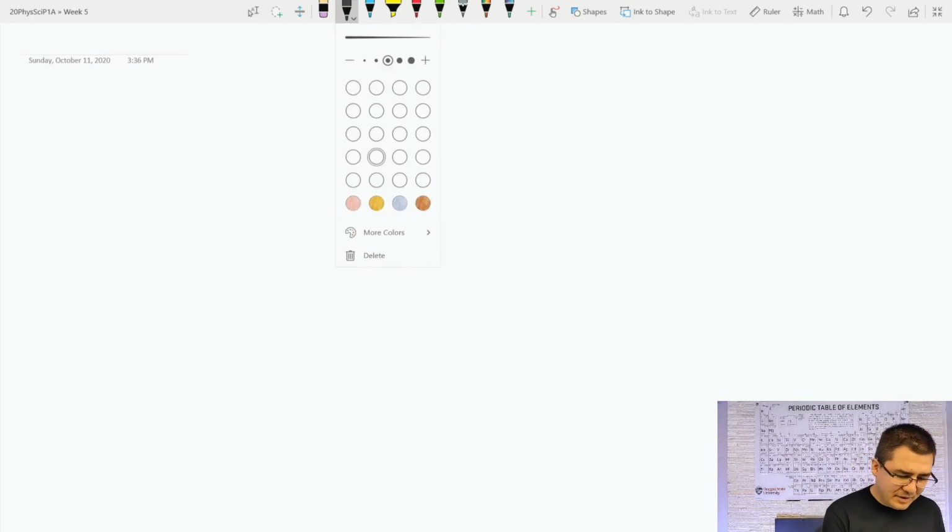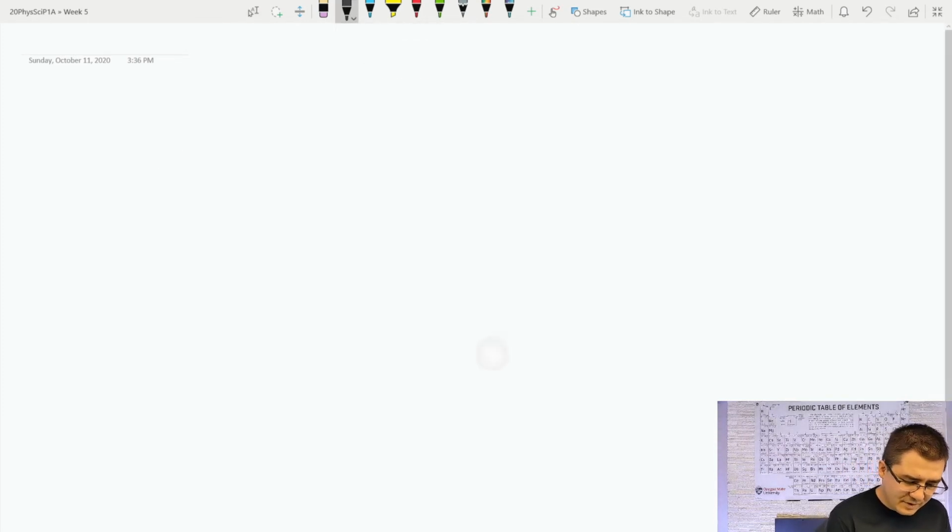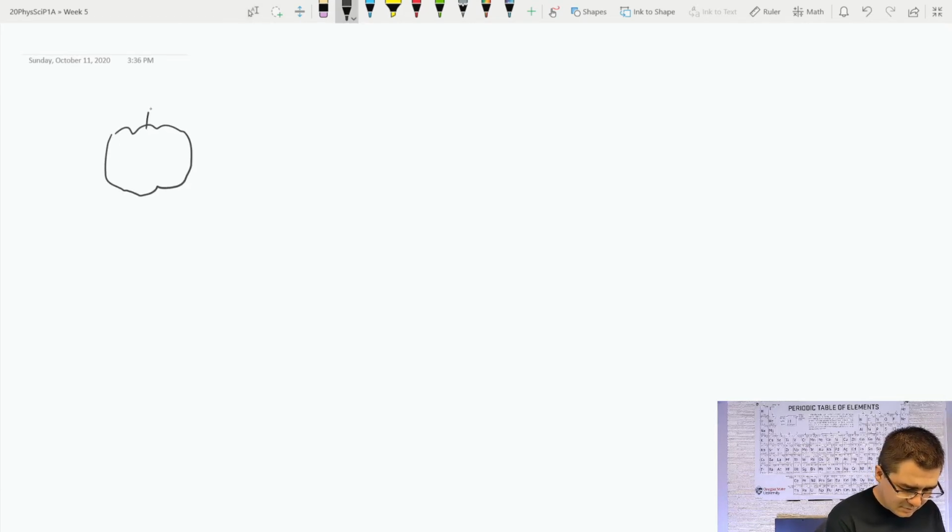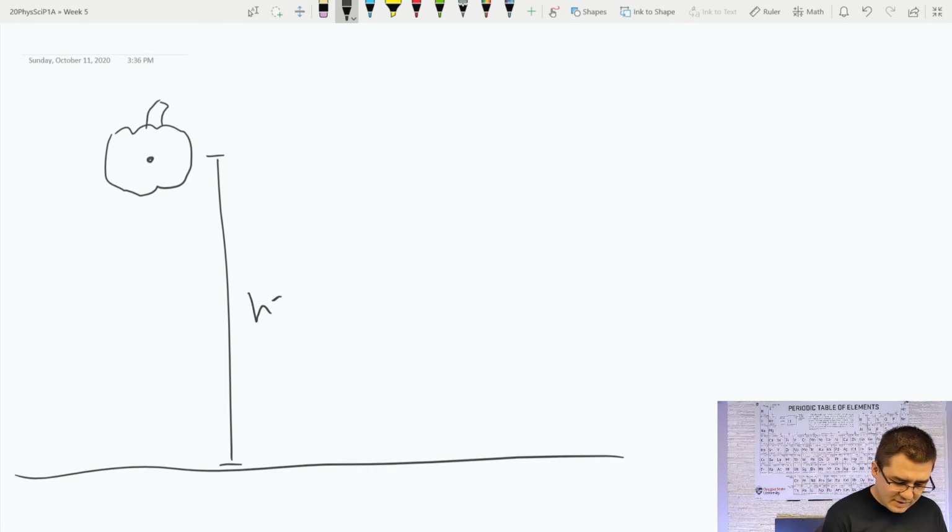So this pumpkin starts up, there's its center of mass. Here's the floor. Height is equal to 2 meters.